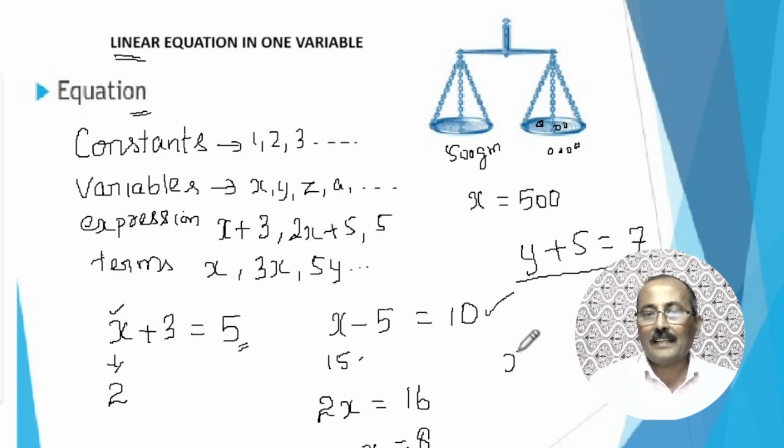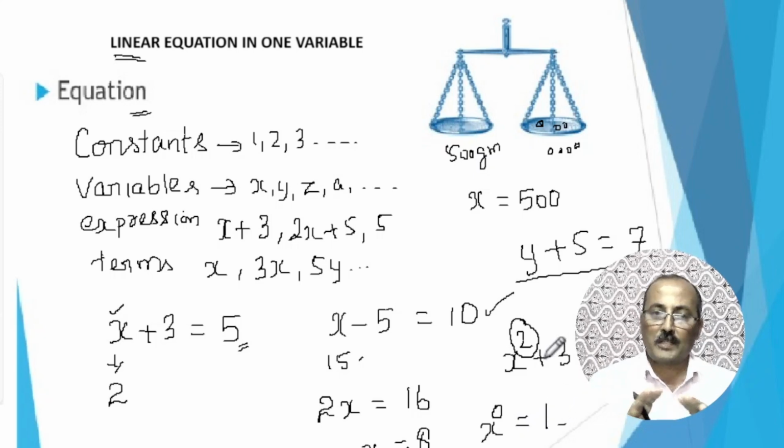But if I write x square plus 3 equal to 9 like that, then this is not linear because the power is 2. So here the powers are not more than 1. The power must be always equal to 1. Less than 1 means what? X power 0. That you know, x power 0 is always 1.